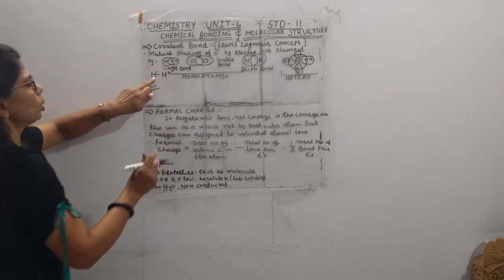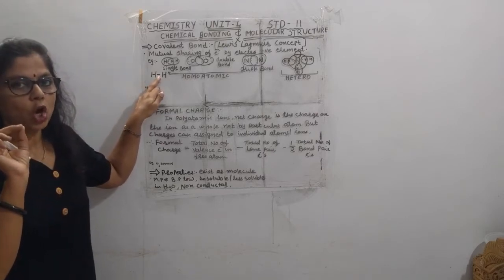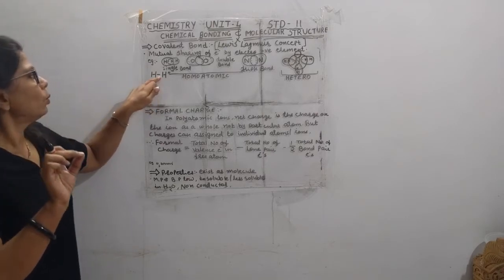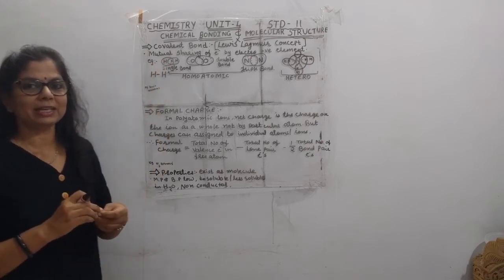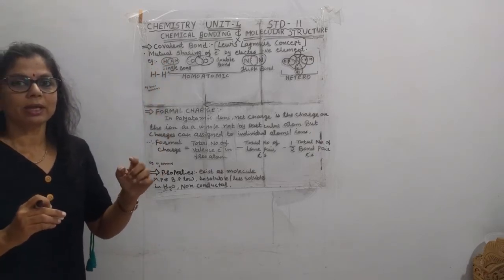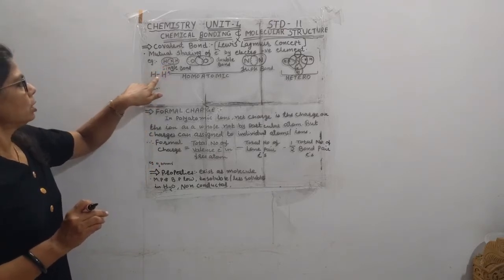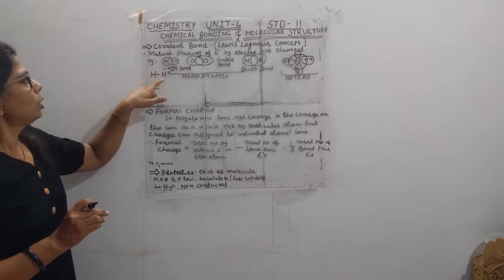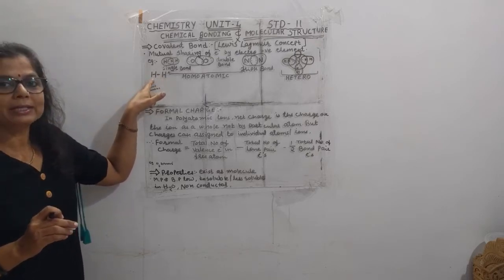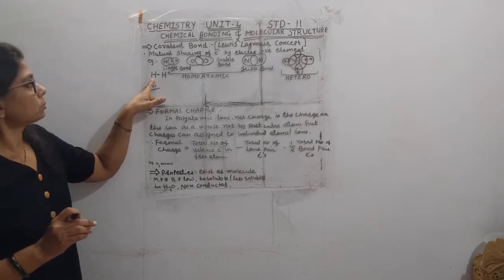We can show this bond by putting one dot or one dash. Why? Because only one electron from each side is shared. That's why they have only one bond, so here it is a single bond.